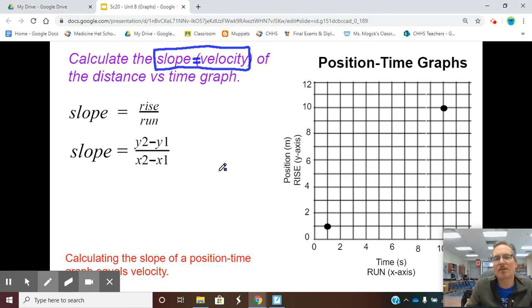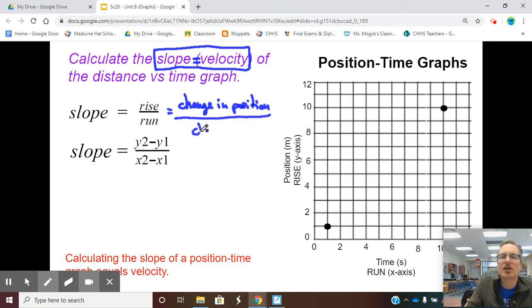Remember the formula for velocity. Velocity is the change in position over the change in time. So my slope, my rise, is going to be my change in position.